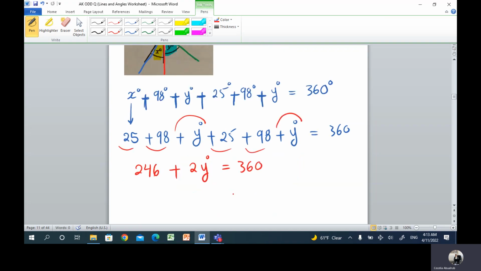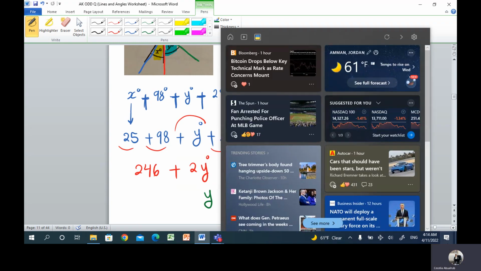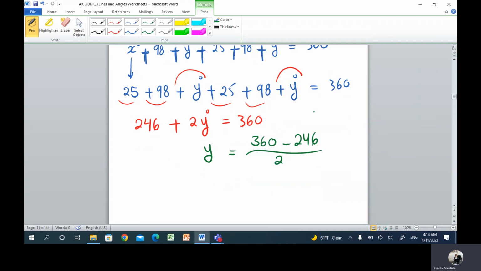And if you apply opposite operations to solve for y, then y is equal to 360 minus 246, over 2. Sorry about this.